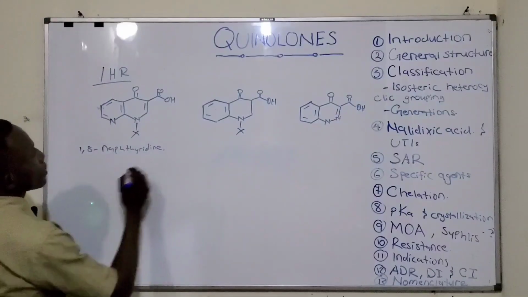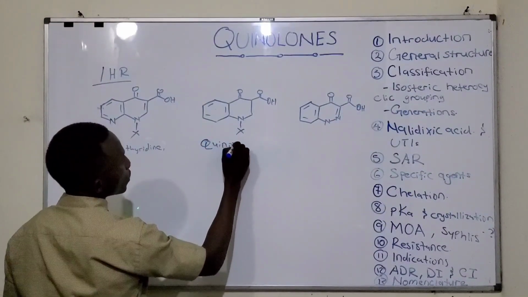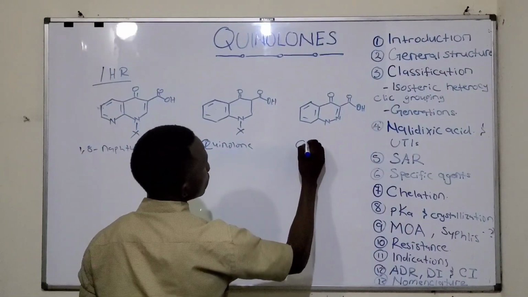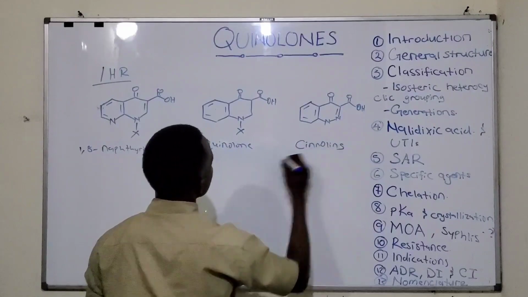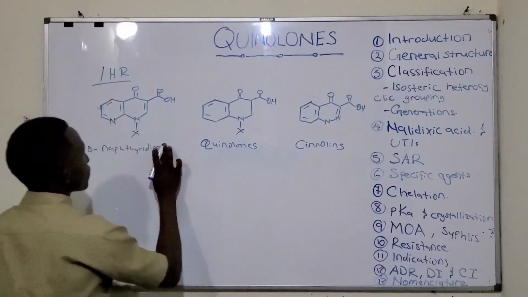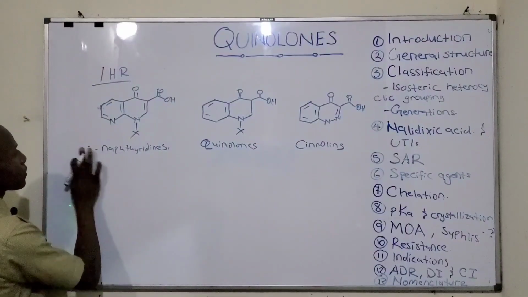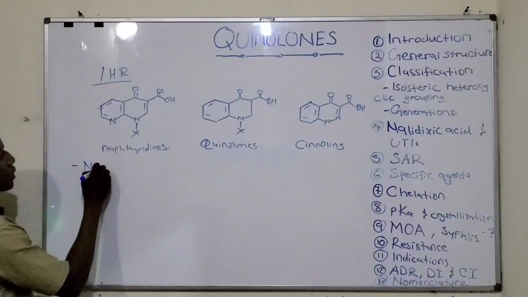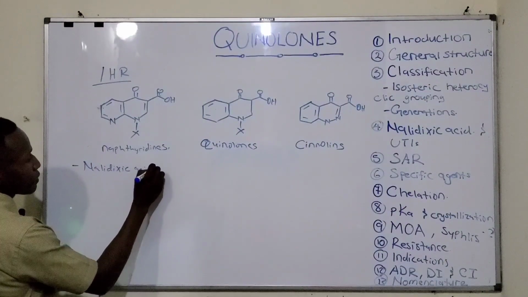Then this is the quinolone ring, and this is the cinnoline. So the cinnolines, the quinolones, and the naphthyridines. In naphthyridines, we have nalidixic acid.